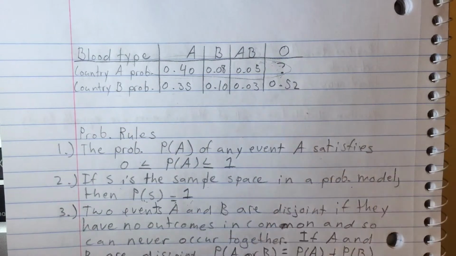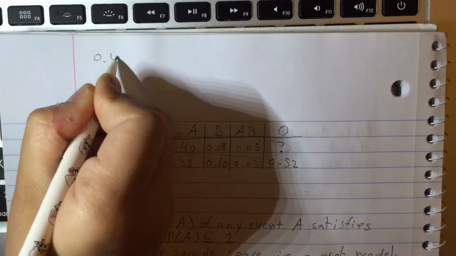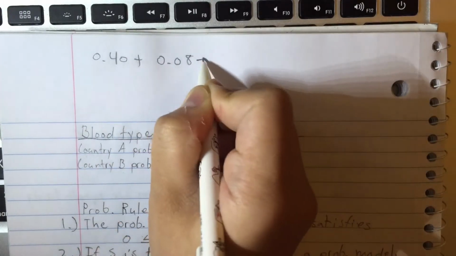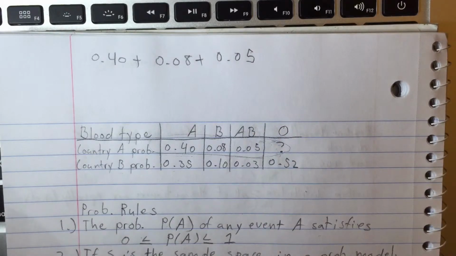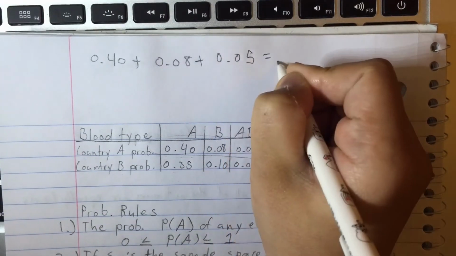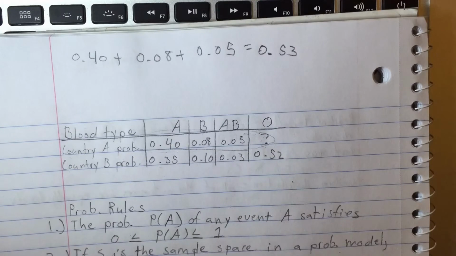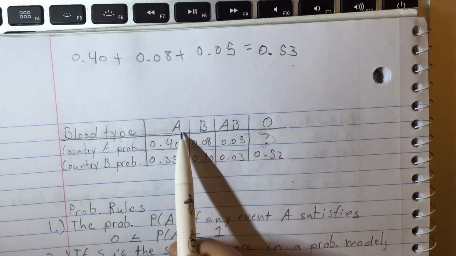To figure out what O is, you first add up these numbers: 0.40 plus 0.08 plus 0.05. Using my calculator, that equals 0.53.